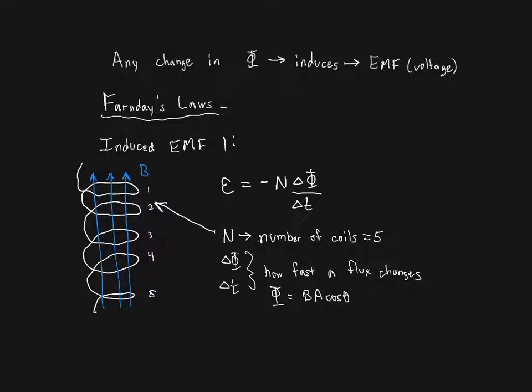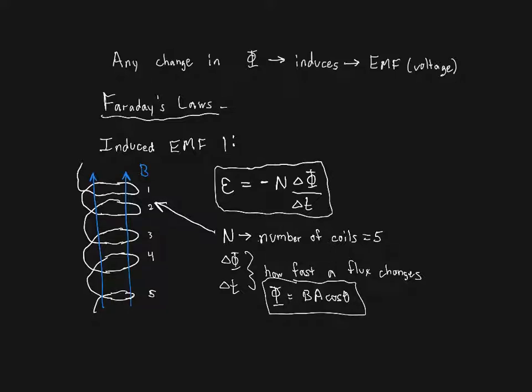So if I turn down the magnetic field, I can eliminate this middle line maybe. And when I erase that middle line, I've gone from 3 lines. Now I only have 2 lines going through this kind of coil of wire. So because I only have 2 lines now, I have just changed this flux. I have changed the B times A times cosine theta, and that's going to induce an EMF. It's going to induce a voltage inside of this.